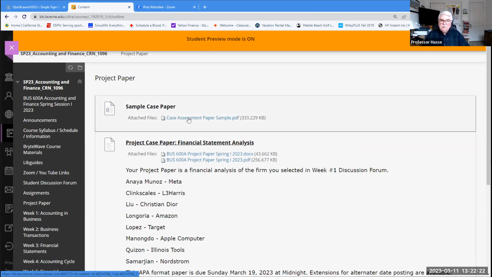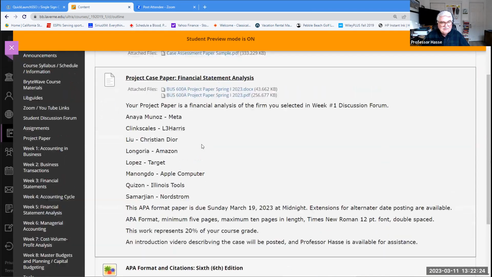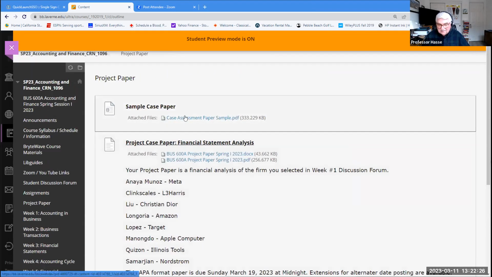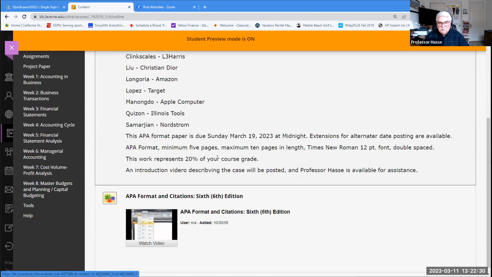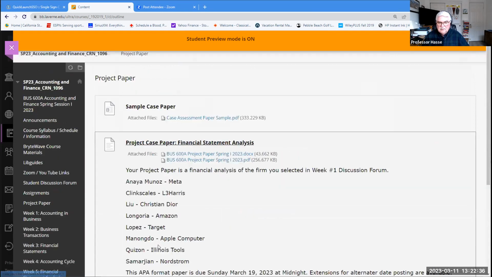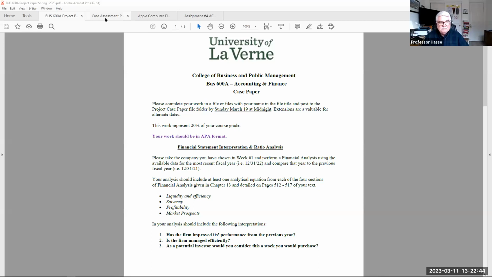I give you a sample of that paper. I wouldn't take any of the information in this paper naturally, but it gives you a sample of the format. Also, I've put together a video explaining the APA format in case some of you would like to look at that. So if you look at that case paper sample that I've given you, here it is right here.